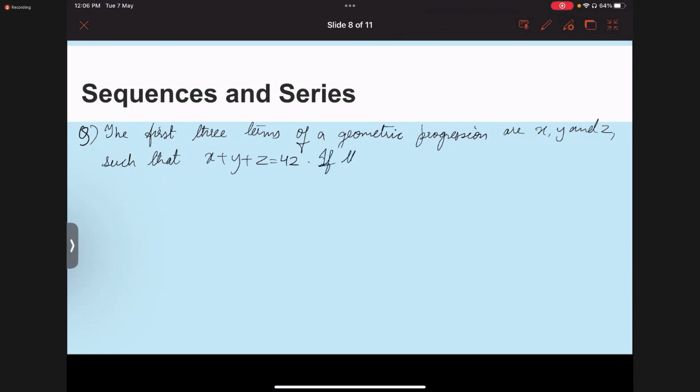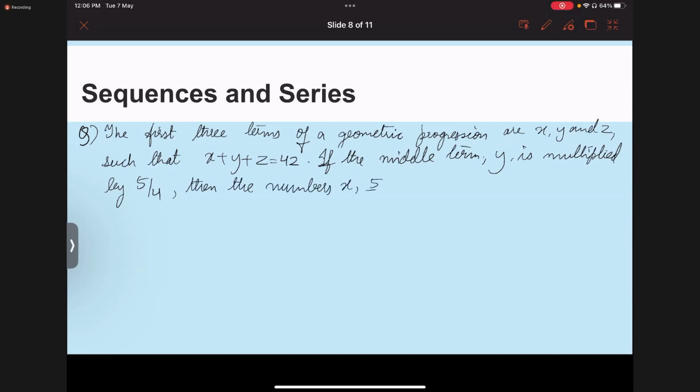If the middle term y is multiplied by 5 by 4, then the numbers x, 5 by 4 y and z are now in an AP.